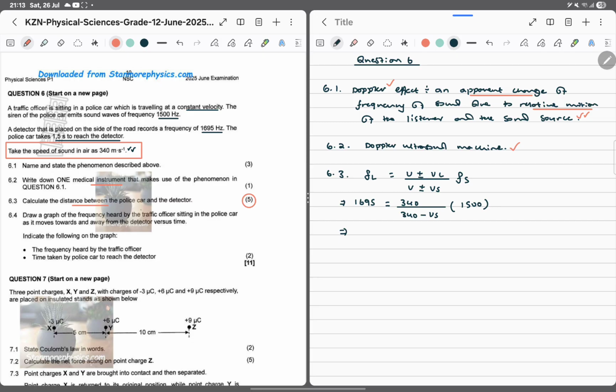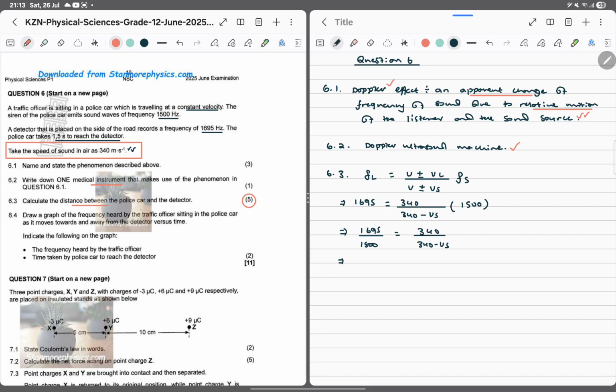But let's do it this way. This is going to mean 1695 divided by 1500 is 340 divided by, like this. This implies, let's reduce that because I don't like these big numbers.